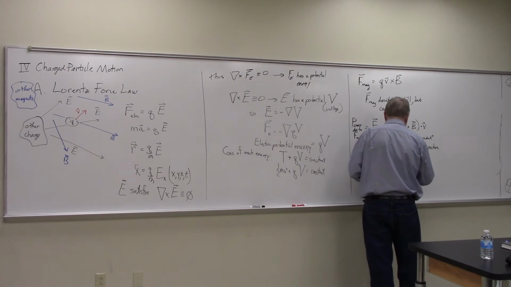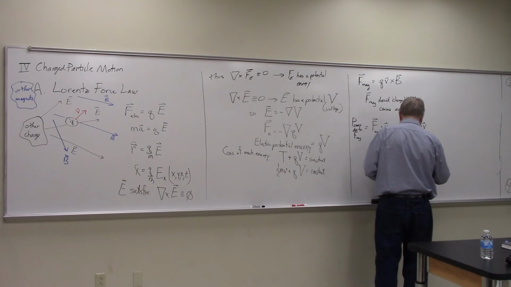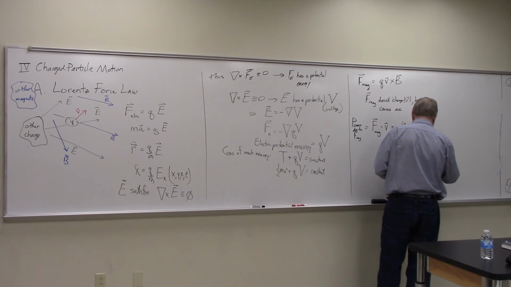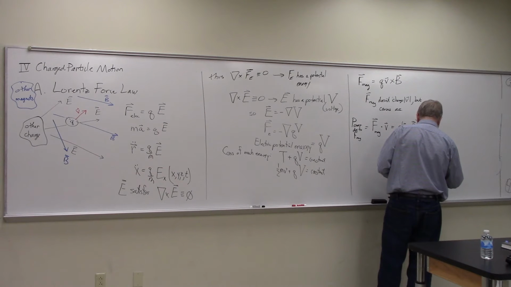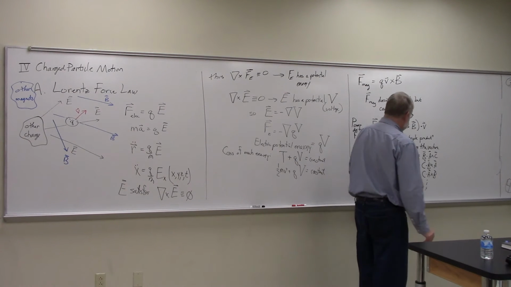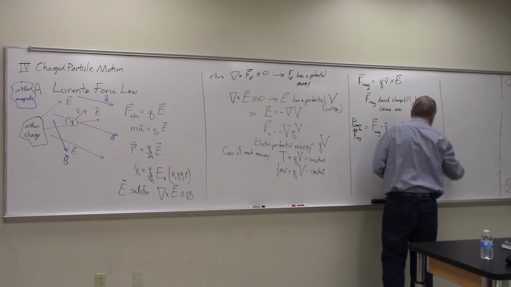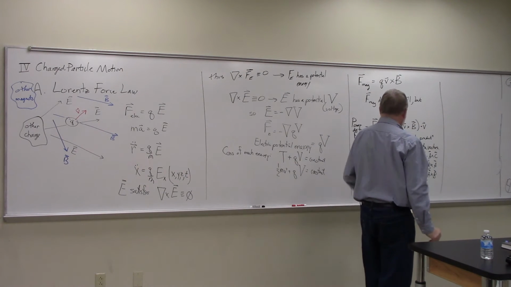For example, A dot B cross C is the same as B dot A cross C is the same as C dot B cross A is the same as C dot A cross B, etc. Something to do with the triple product. So let's do that here.